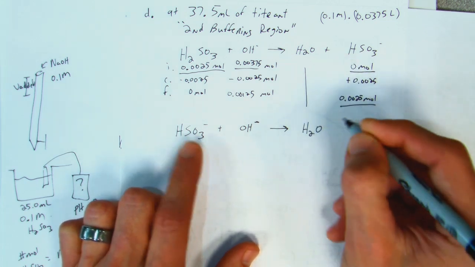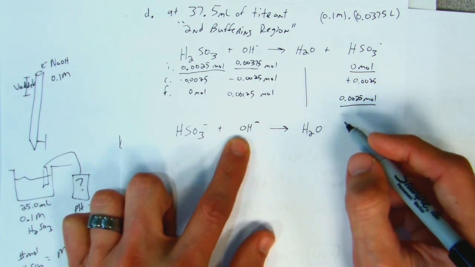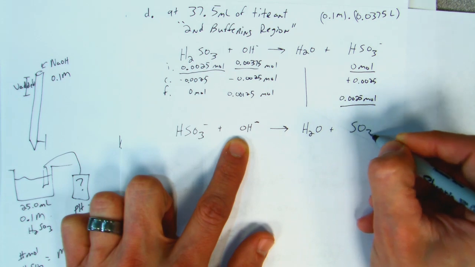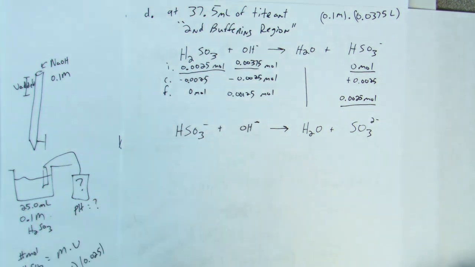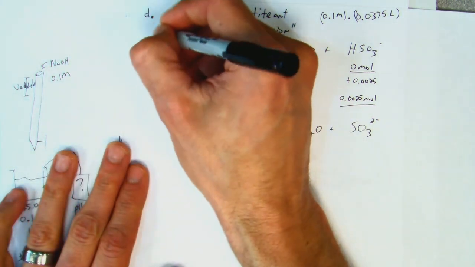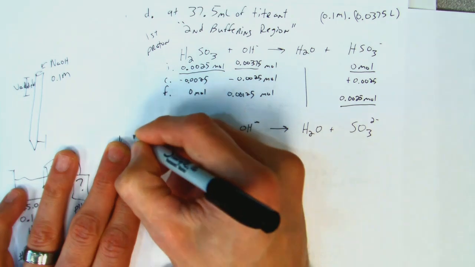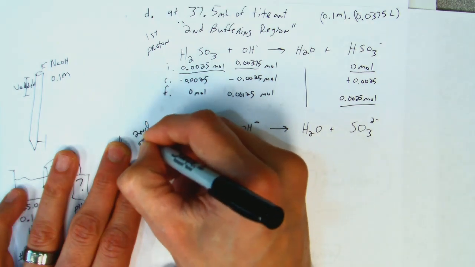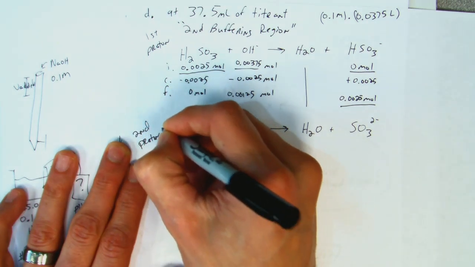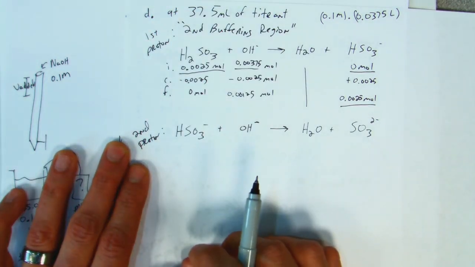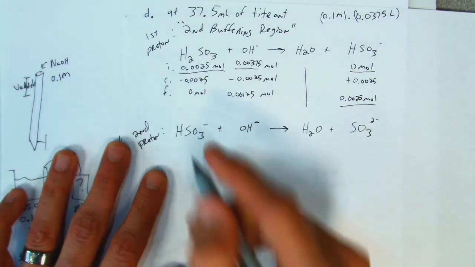So maybe that second proton will be forced to be titrated off by the presence of the strong base, and then I'll make SO3 2- as a result. So this is titrating the first proton up here on the top, and now we're getting into titrating the second proton. And if you've got excess strong base, turns out that will happen. So this reaction is very valid.